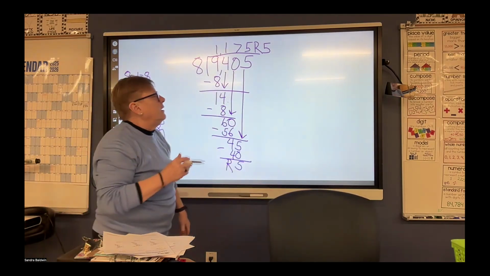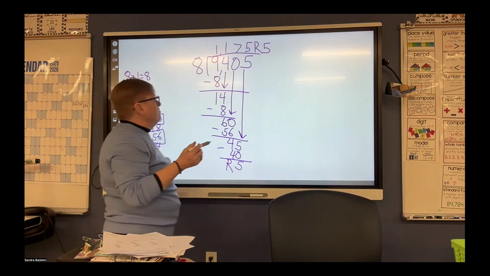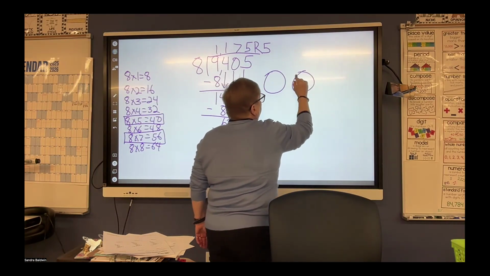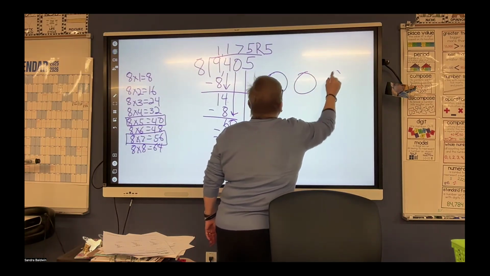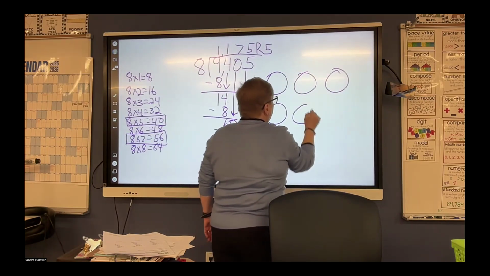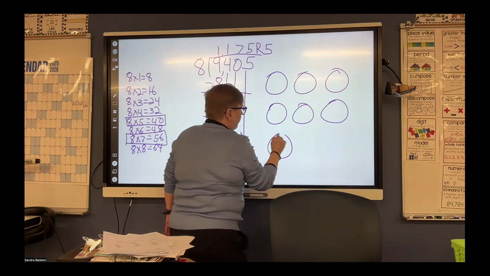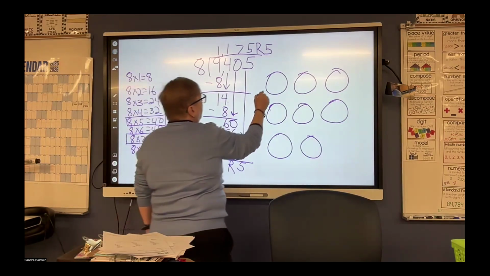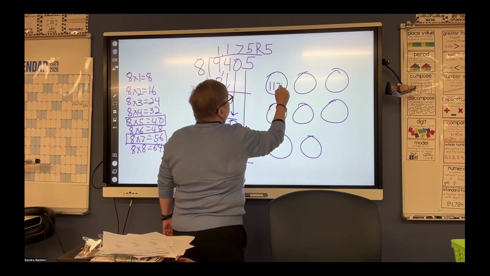And one model could be our circles. So we have 8 as a divisor, 8 groups: 1, 2, 3, 4, 5, 6, 7, 8. I have 8 groups. Within each group is going to be 1,175.